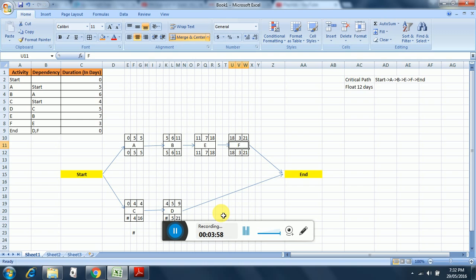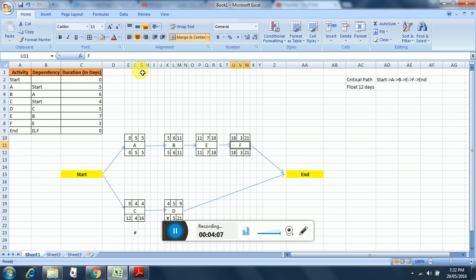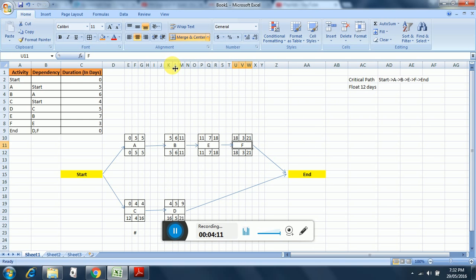Now to complete the backward pass, a different kind of methodology is involved. Let's see what is involved in that. So now what we do in the backward pass is we take the maximum duration. So here our duration comes to 9, here our duration comes to 21.